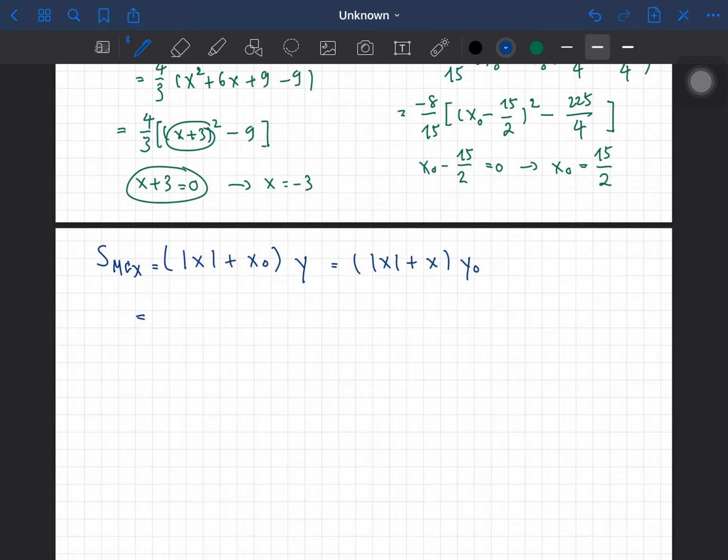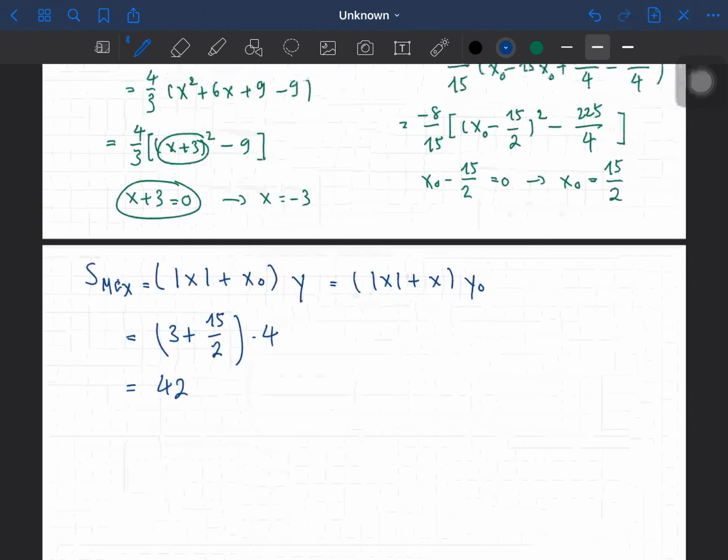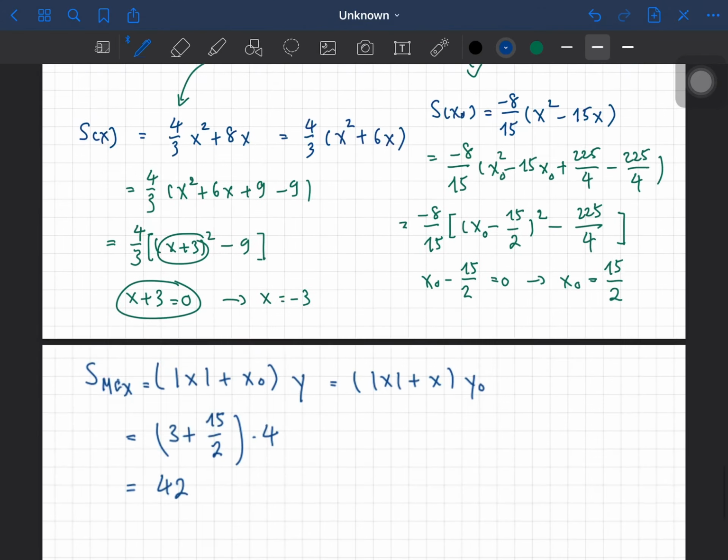And so we have 3 plus 15 over 2 multiplied by 4, and you will have 42 as the final answer. Yep, so the maximum area of the rectangle must be equal to 42.